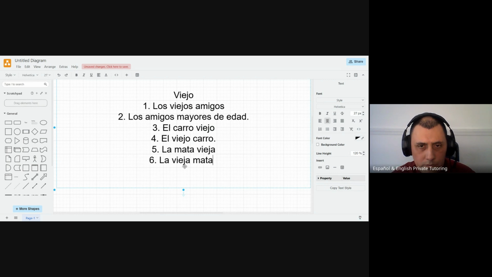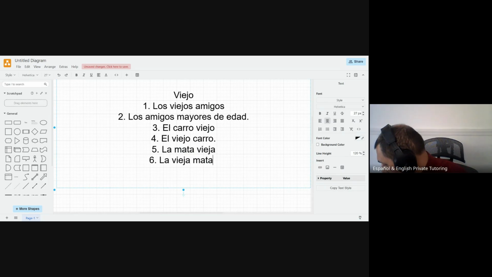So this is like the old plant, and the sixth one is exactly the old plant. So plants in Spanish are considered things, just for the purpose of grammar.